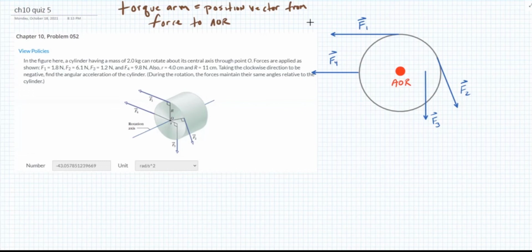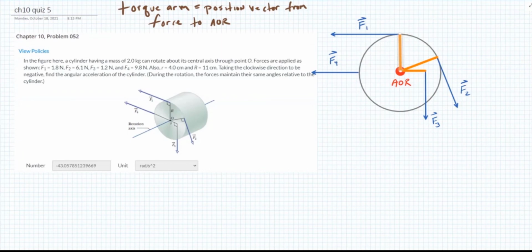Ready? Here's the torque arm for F1. Ready, set, go. That's the torque arm for F1. Here's the torque arm for F4. In fact, F4 does not have a torque arm. Here's the torque arm for F3. Here's the torque arm for F2. I'm going to redo this just to be consistent. So, here's a redo of the torque arm for F1. It's right there.